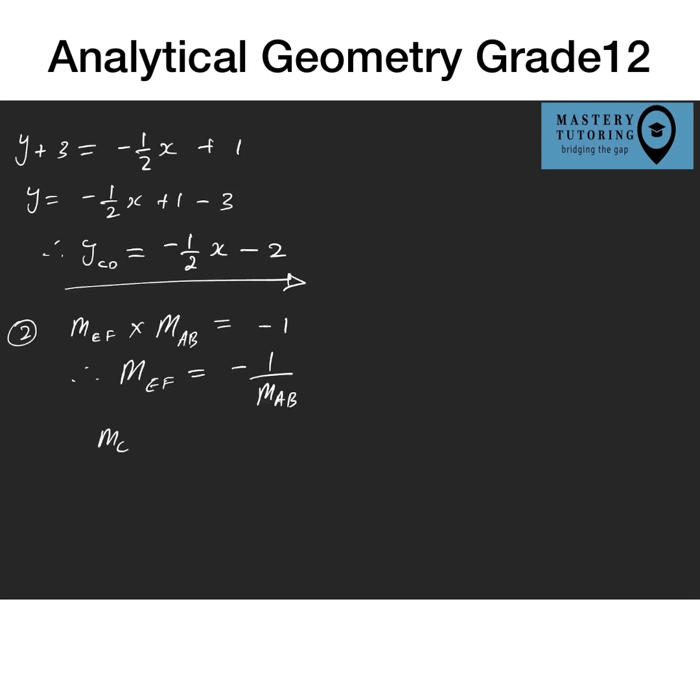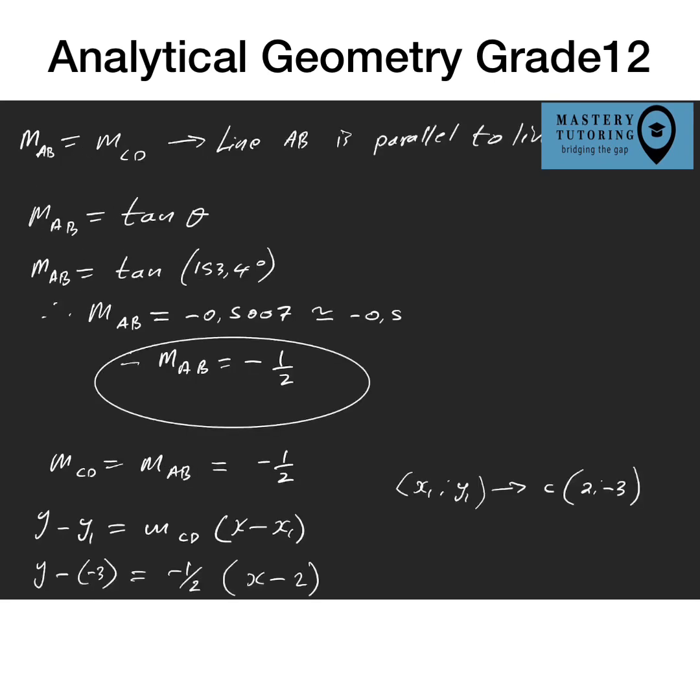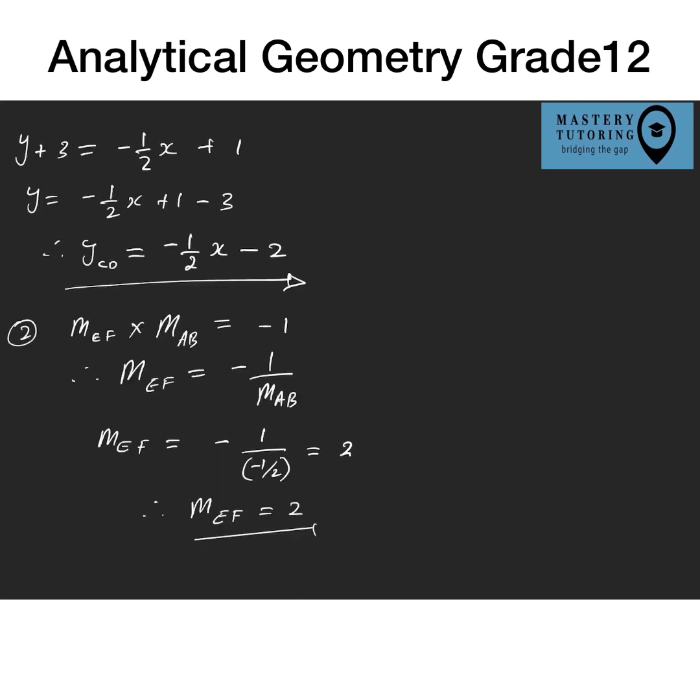So MEF is going to be minus 1 over minus 1 over 2, which ultimately becomes just 2. Therefore, the slope of EF is equal to 2. We've done the first part of the question.